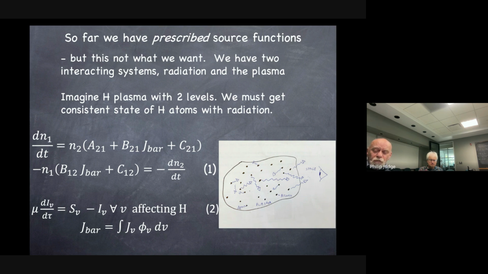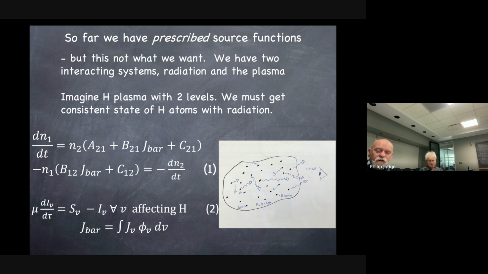So we've got a bath containing the dots in that figure on the right, which are the electrons and ions. And we have another bath consisting of the wiggles, which are the photons moving around there. And, well, the photons, we know, once we know J bar, we can compute the number densities. But the trouble is we don't know what J bar is yet.